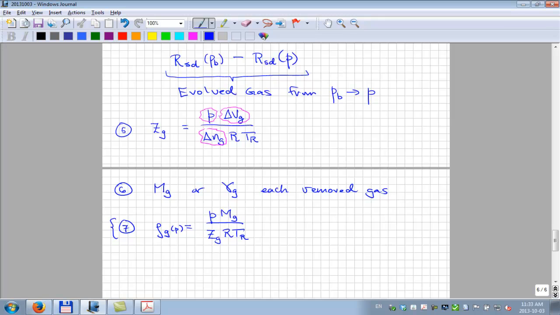Gas molecular weight is a function of pressure. Z factor is a function of pressure. So you have 3 sources changing the density: the gas composition expressed with the molecular weight, the gas composition expressed with the Z factor, and the pressure itself.